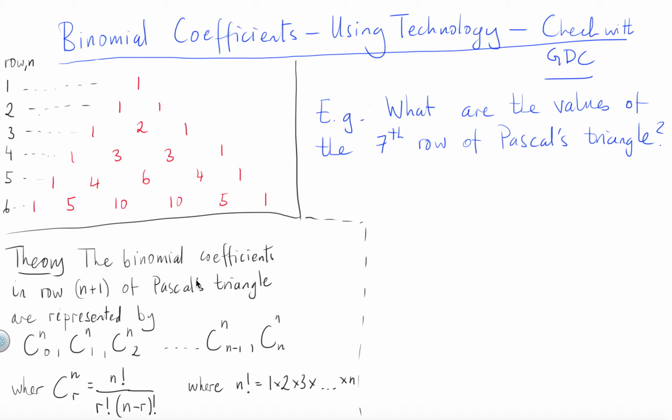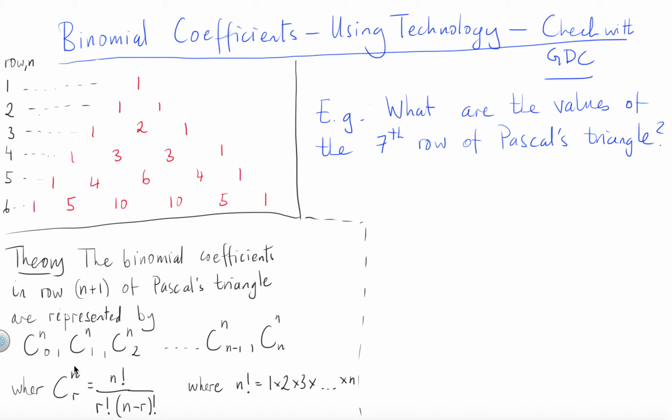Well, the theory says that the binomial coefficients in row n plus 1 of Pascal's triangle are represented by Cn0, Cn1, Cn2, Cn n minus 1, Cn n. Now what does this funny notation mean?